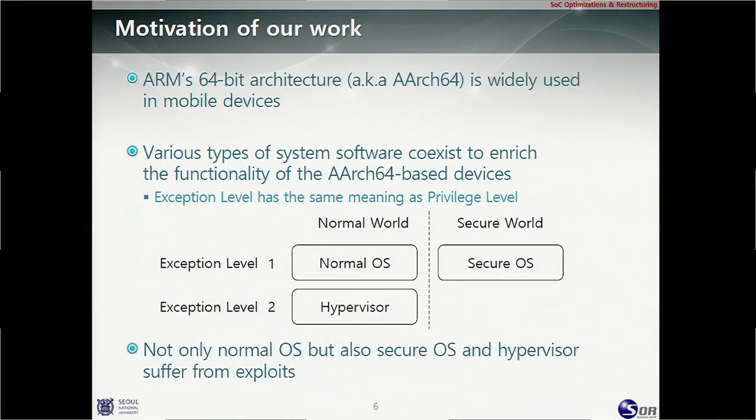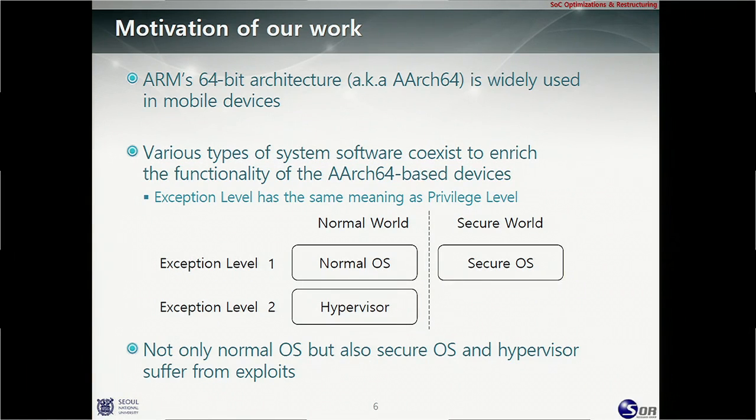But in ARM's 64-bit architecture, also known as AArch64, various types of system software running at different exception levels coexist to increase the functionality and security of the system. And note that any type of software may suffer from exploits because it will most likely have vulnerabilities.